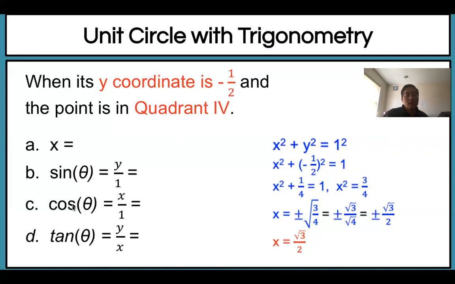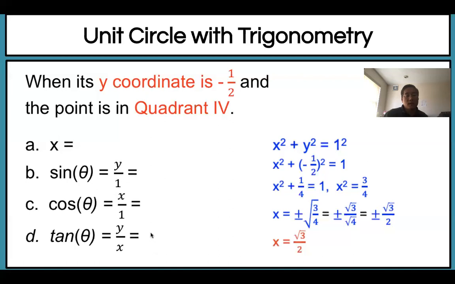And cosine is x over 1, so x is square root of 3 over 2. Tangent is y over x, opposite over adjacent, or sine of the angle over cosine of the angle.